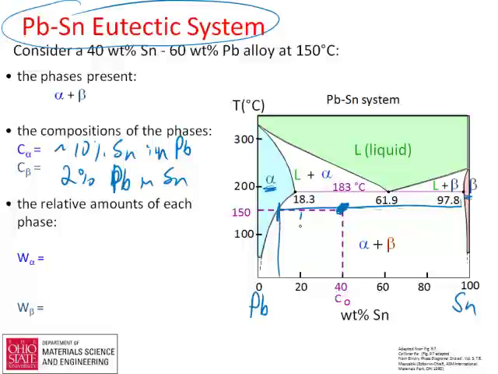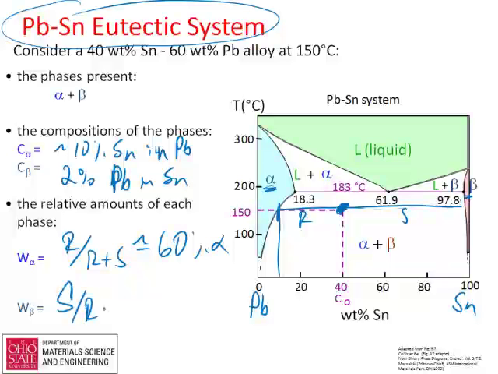If you call this R and this S, the fraction of alpha is R over R plus S, and by my eye that's about 60% by weight alpha. Then beta is S over R plus S, which is 40%. Of course, they have to add to 100%.